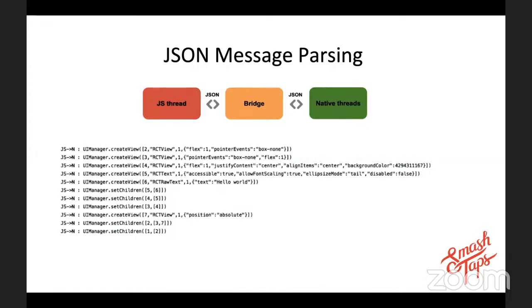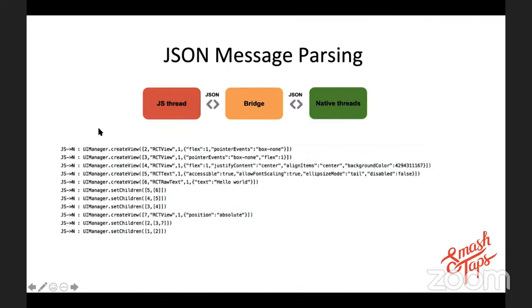So if you can see, here it says JavaScript to native. This UI manager does the work for when you compile this JavaScript code, it goes to the UI manager.